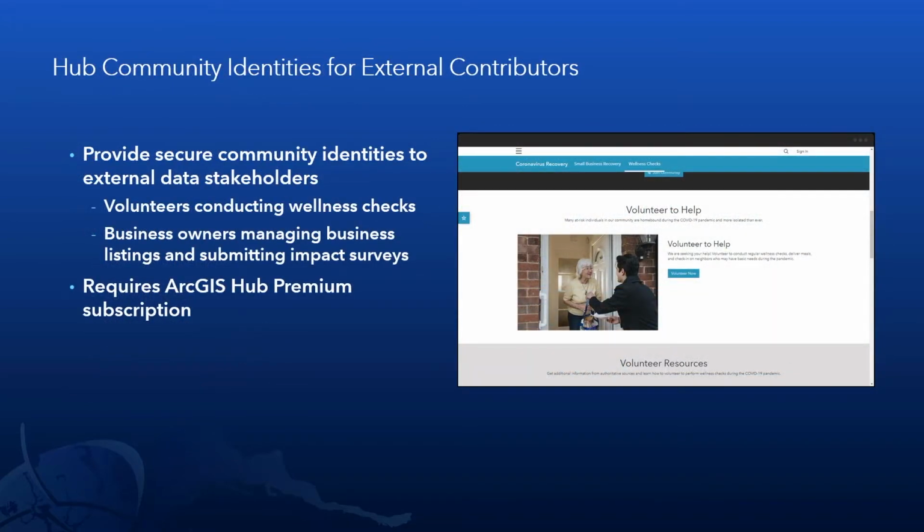I thought these were great examples to think about in terms of how you can leverage the community identities provided by Hub Premium to engage with external contributors in these 2 ways, whether it be volunteers conducting wellness checks or business owners. Again, these are some of the features that Hub Premium provides through the additional community org.